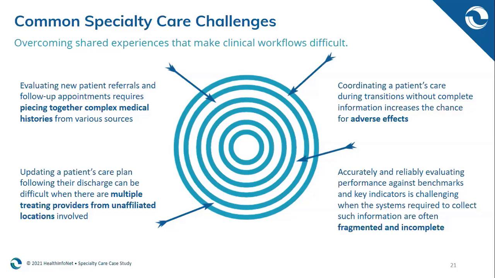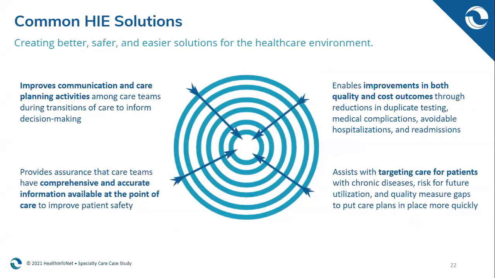So let's go to where the target is hit. There you go. That's why I like this slide. It's very visual, and I think it really hits home how HealthInfoNet can help, because it does improve communication and care planning. It does assure comprehensive and accurate information available at the point of care from all the different providers.